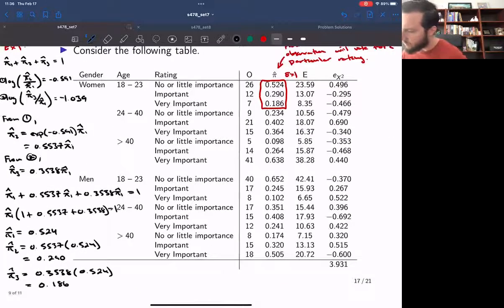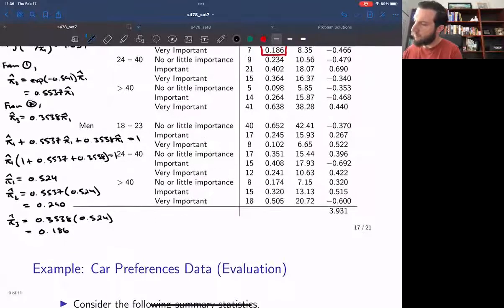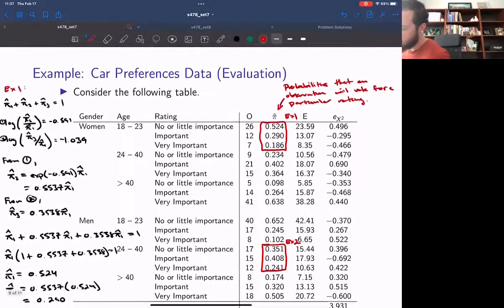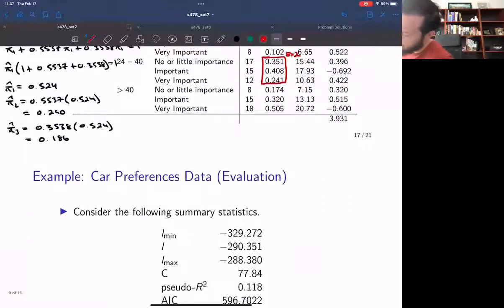I wanted to give another example. So let's say, I don't know, let's try this one. That'll be example 2. I apologize for the spacing.